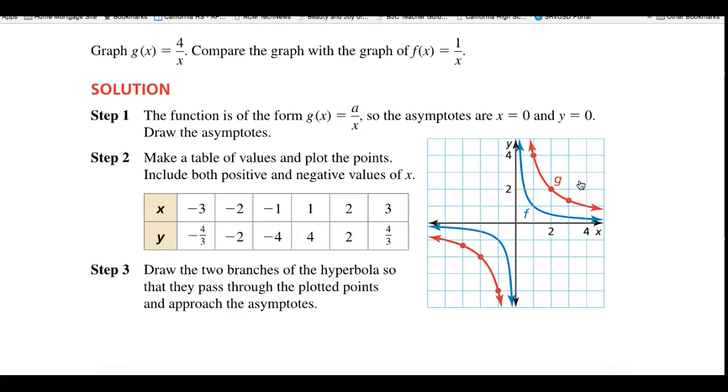So when it comes time for you to graph, you're going to do the same thing. You're going to draw your asymptotes, make your table to plot your points, and then connect them all with the 2 branches that go through either side. That's how you're going to graph your hyperbolas and your rational functions.